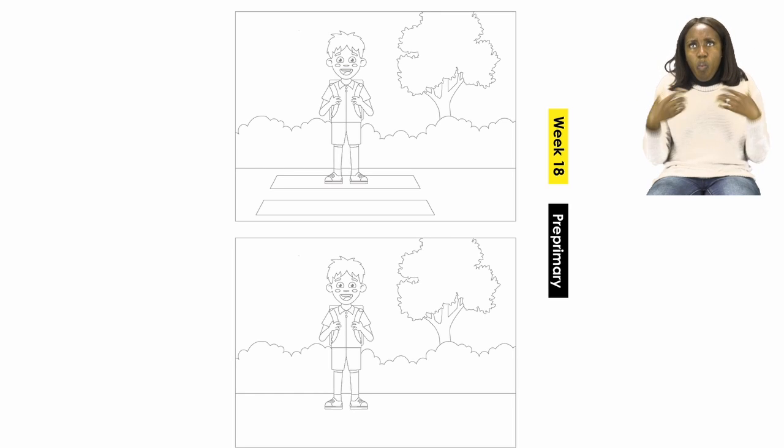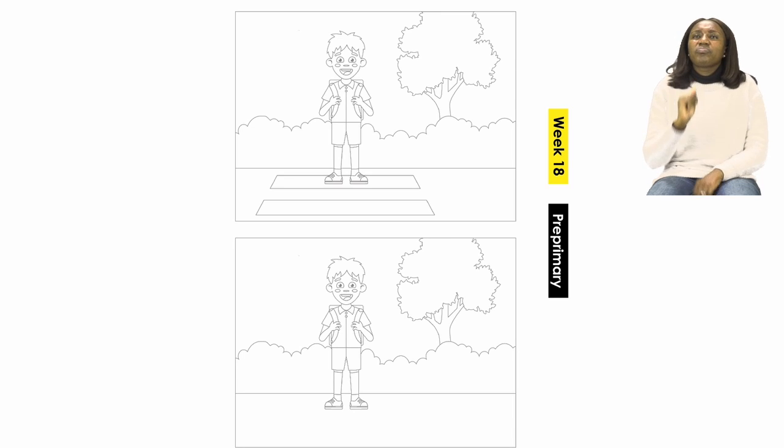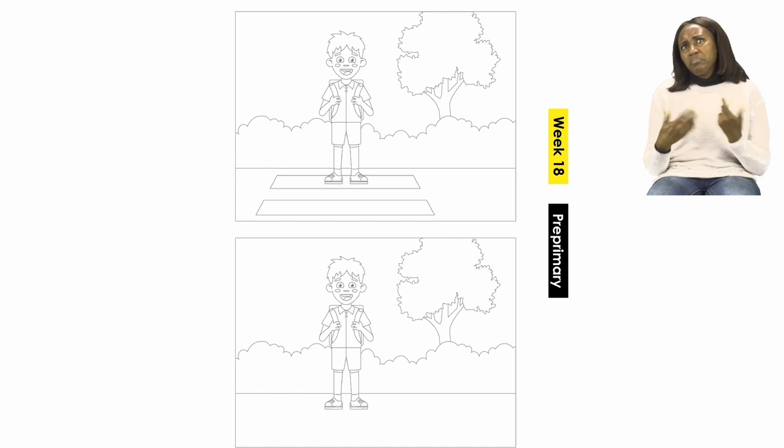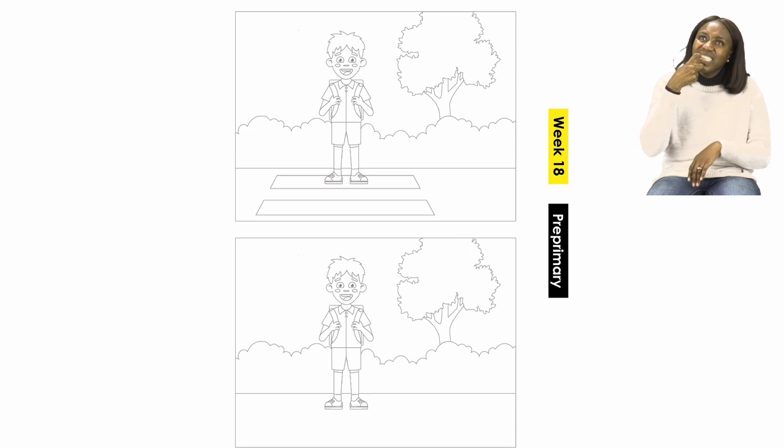Remember, the crossing is the part of the road with white lines. Or are you going to cross the road on a place where there are no white lines or where there is no crossing? Absolutely not. So you are going to cross the road where you see the white lines.